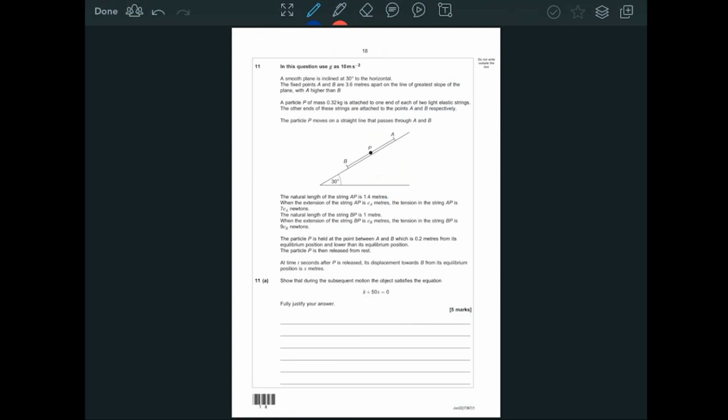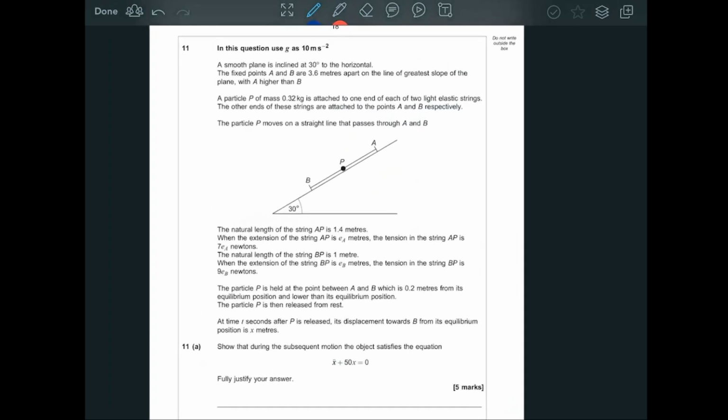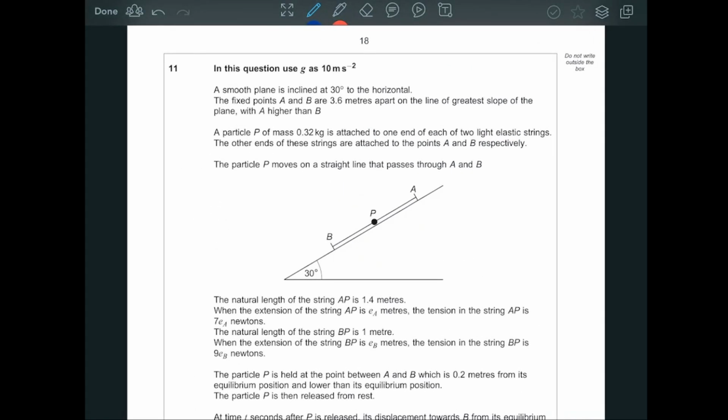Question 11. We have a smooth plane inclined. We have fixed points 3.6 meters apart along the line of greatest slope. Particle of mass 0.32 is attached to one end of each of the two light elastic strings. Notice they're strings, so we can't have any compressive forces.